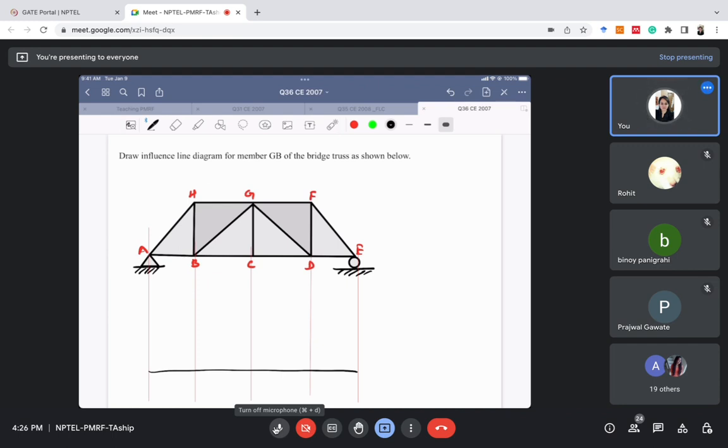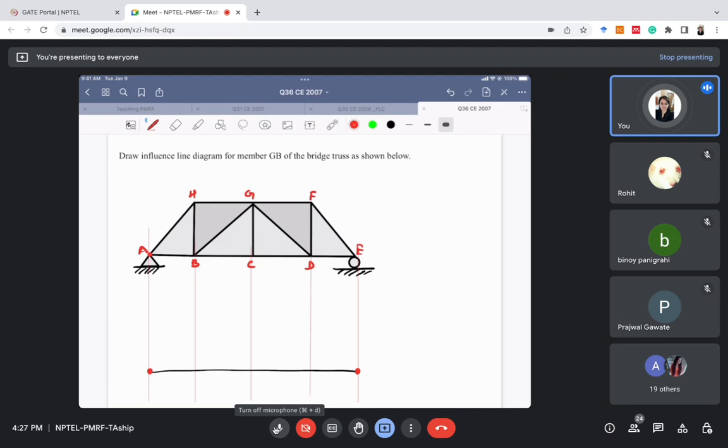The first position of the point load will be A, right? But A is a support, so it will entirely take the load and there will be no force in member GB. So here it will be 0. Similarly for point E also, it will take the entire load and there will be no force in member GB.